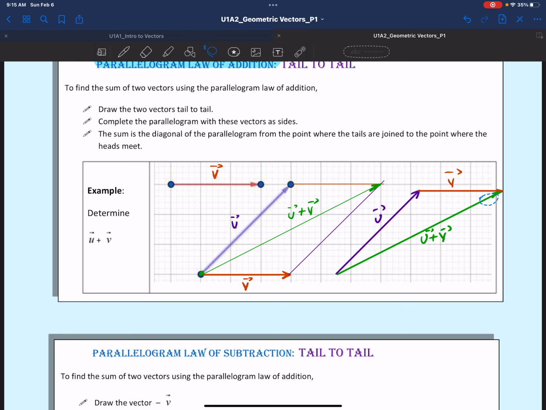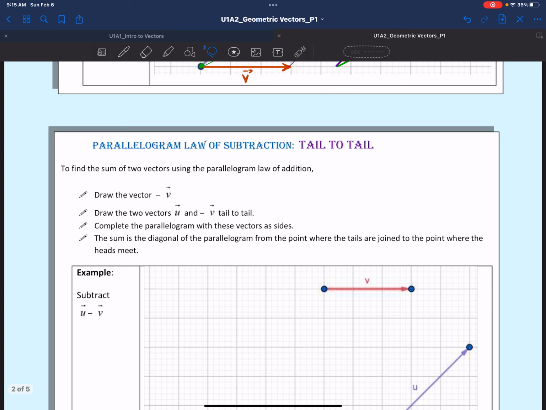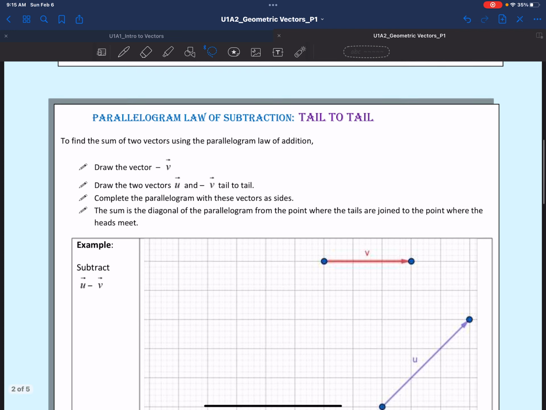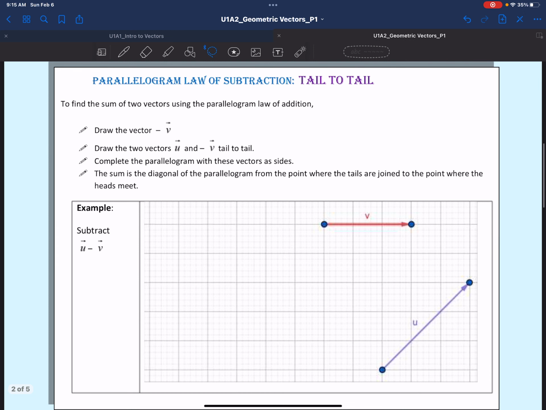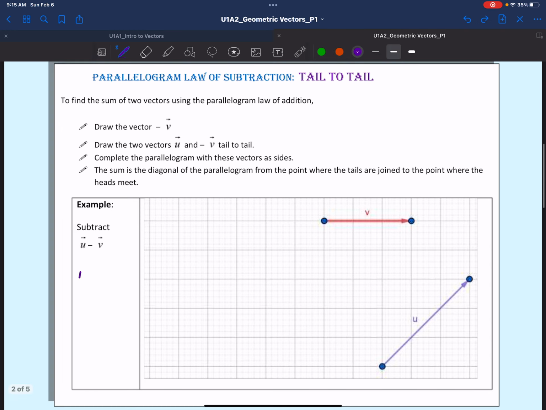Okay, so how about the parallelogram law of subtraction? How does that work? Just like we worked with the triangle law of subtraction, we're going to start off by drawing vector negative v this time. So we'll write the difference u minus v as u plus negative v. So here is vector v, which makes vector negative v go this way.